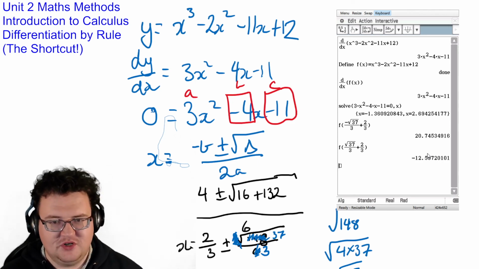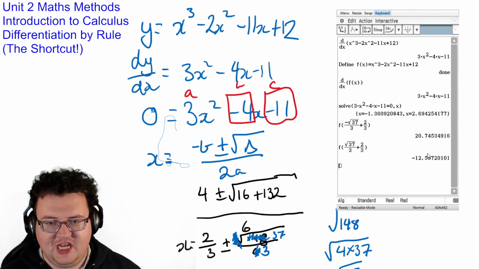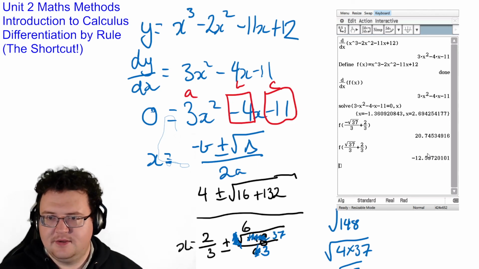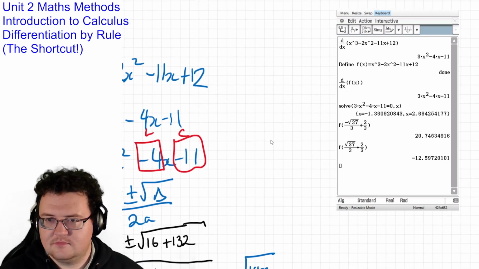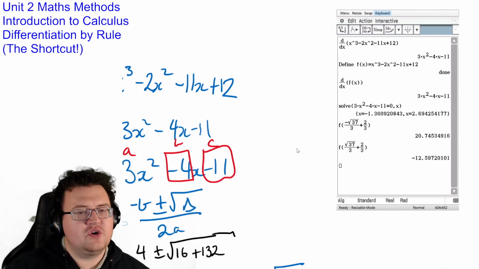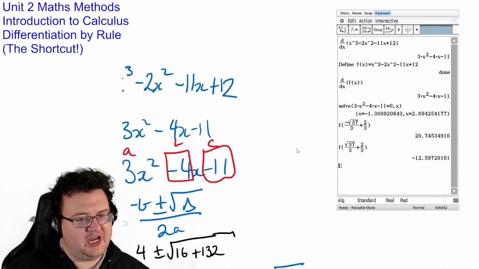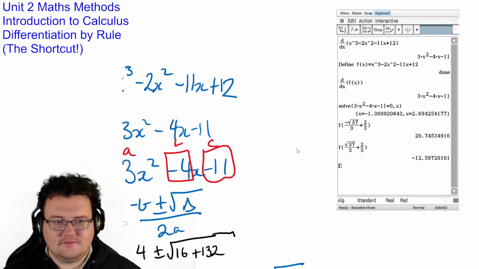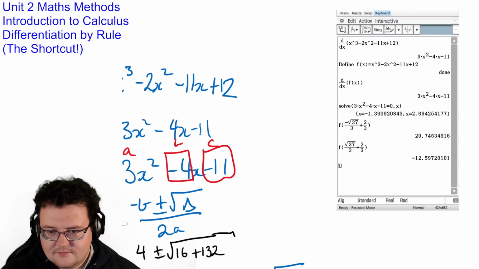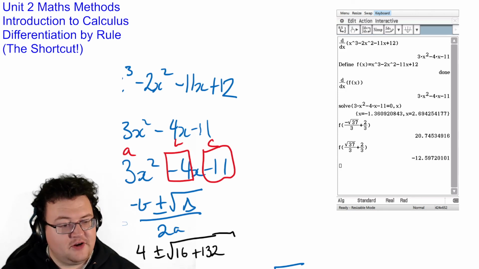That's what your CAS is for, to do these sort of number crunchy calculations. Unless, of course, I knew it could be done by hand, in which case, watch out. And that, in 29 minutes, is differentiation by rule.